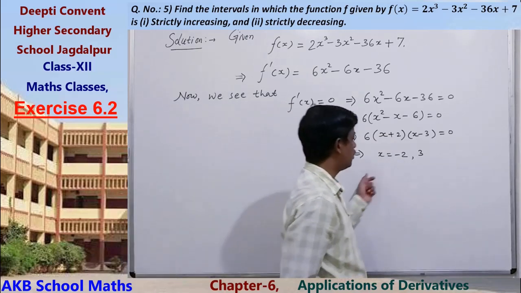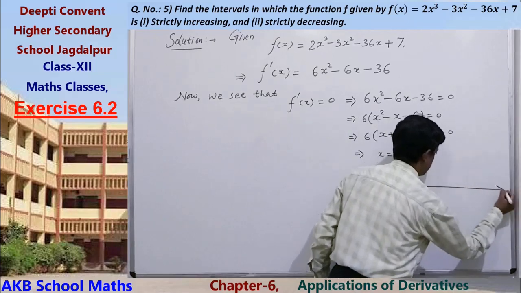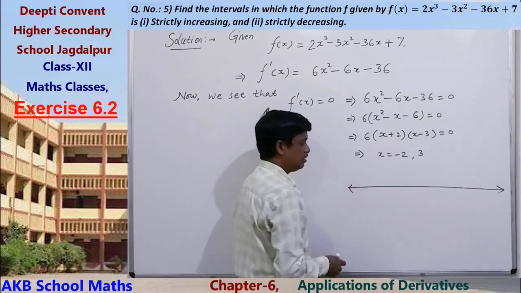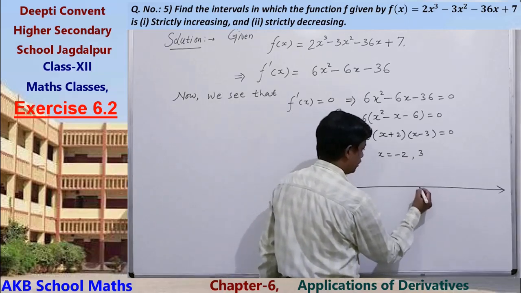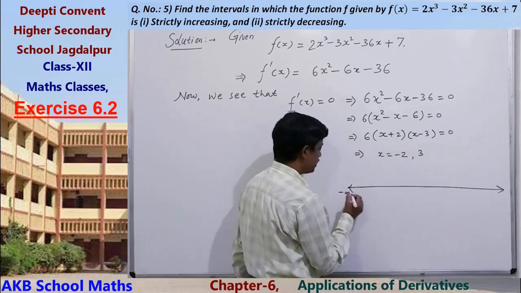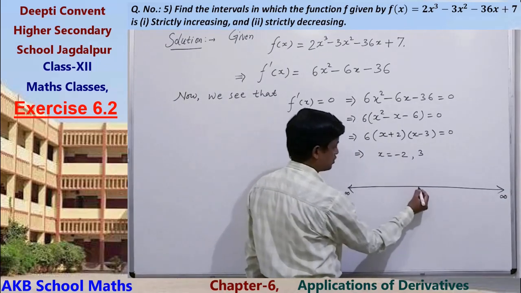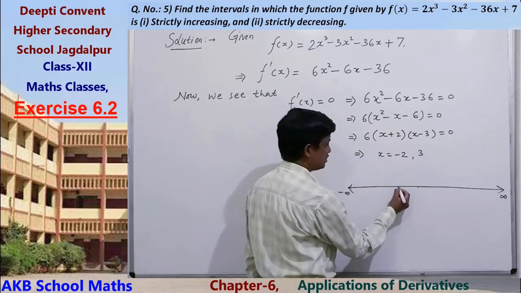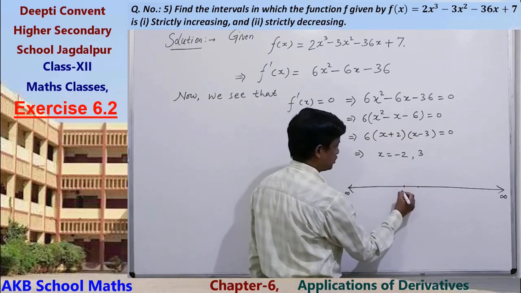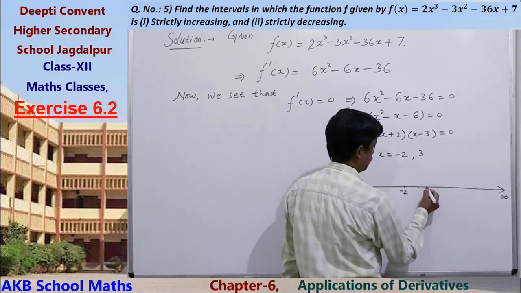These are the values which divide the whole real line, because the whole real line is our domain. This is minus infinity, this is plus infinity. Suppose this is the middle point 0, then this is minus 2, and this is 1, 2, 3.